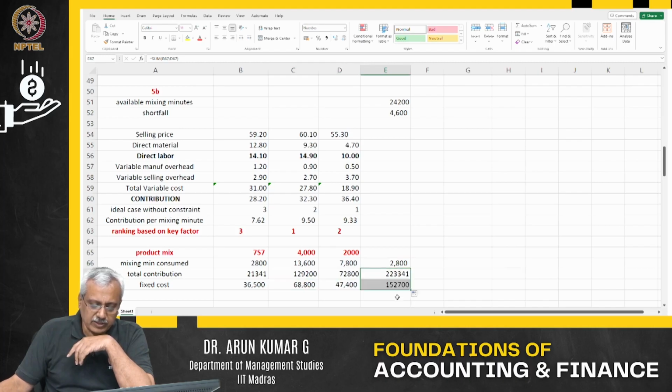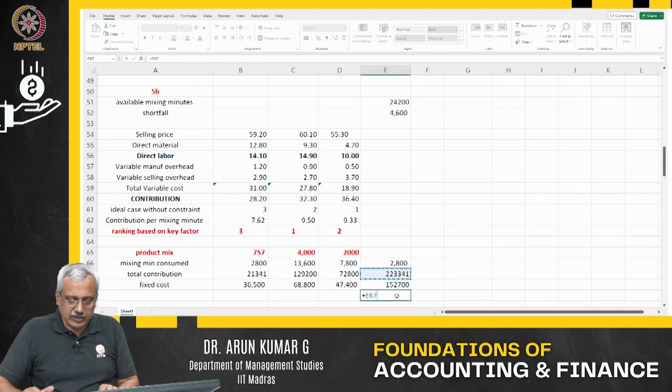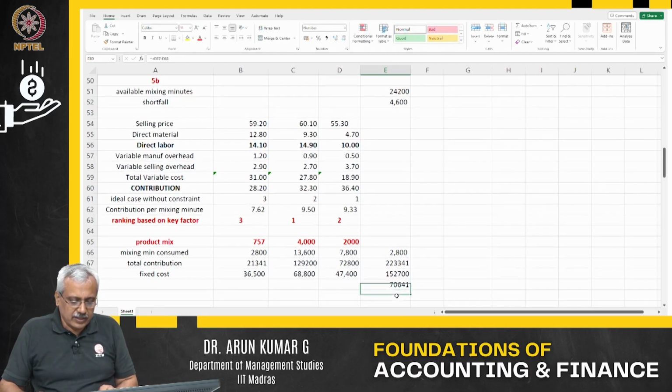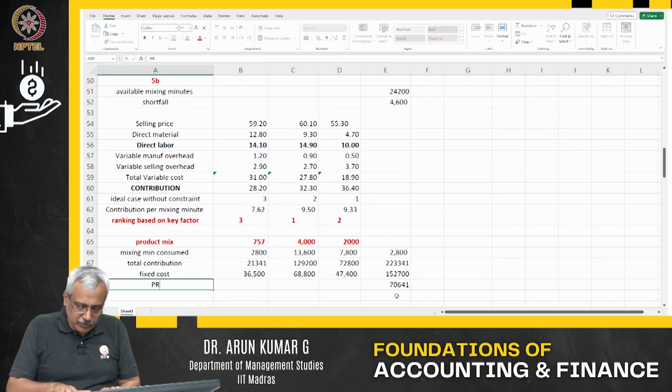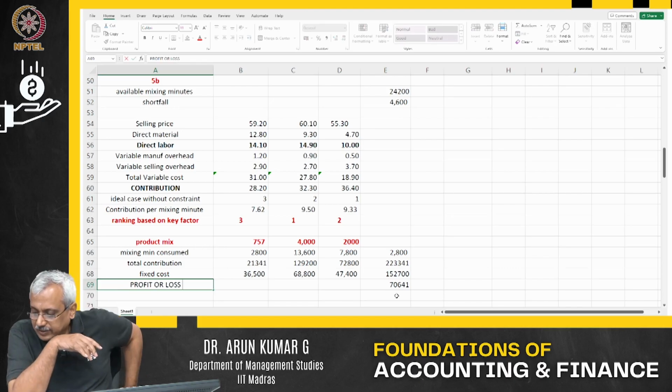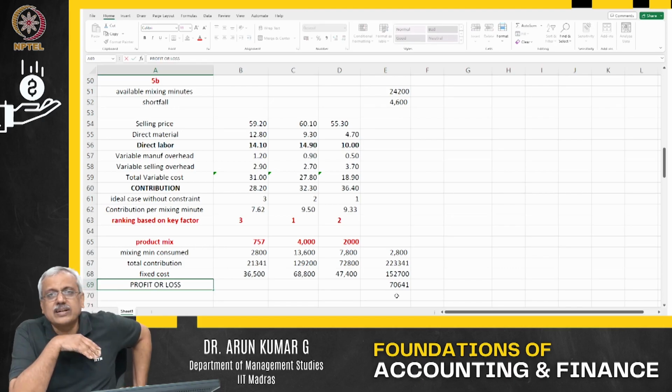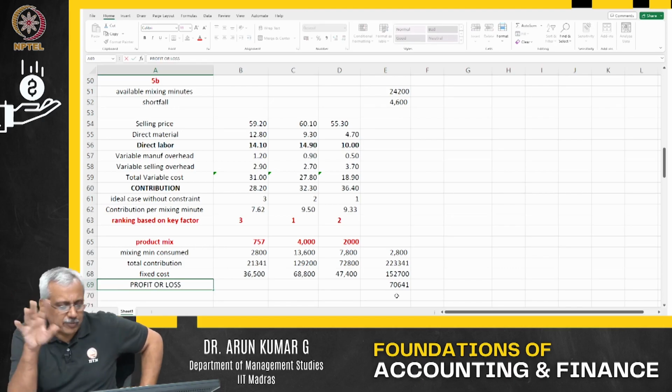So the ultimate profit or loss is going to be 70,641, and this profit will be the maximum. You try any other production, any other product mix.